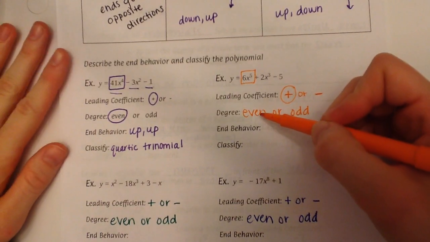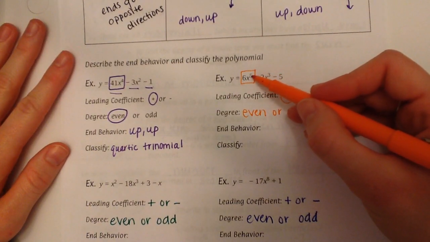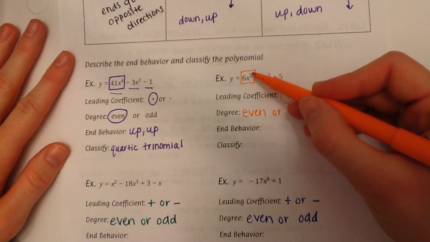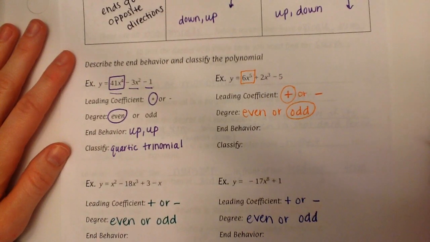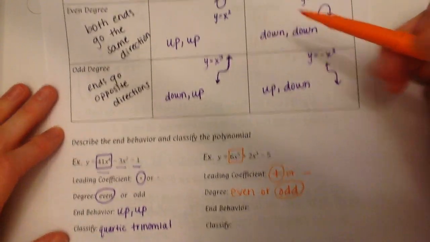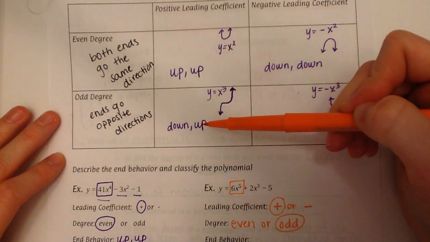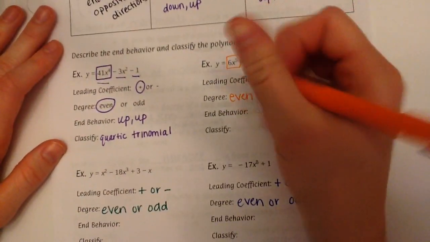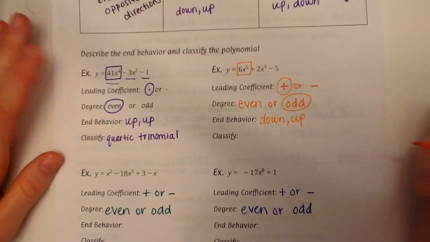The degree, looking at our leading term, is x to the fifth. Your degree would be 5, and that is odd. So going back up to your chart, if your leading coefficient is positive and your degree is odd, you're going down and up. So your end behavior would be down, then up.